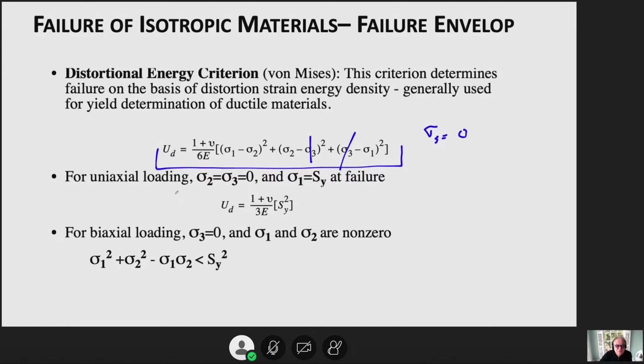And then if you make it uniaxial loading, sigma 2 also equal to 0, one axis loading, the distortion energy is related to the yield failure in this fashion.